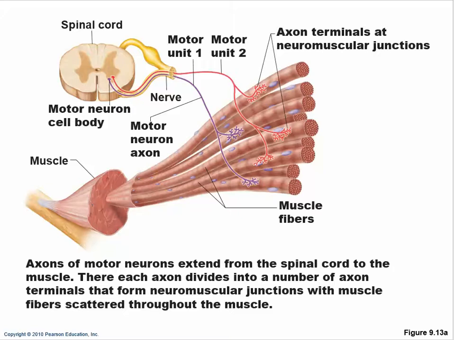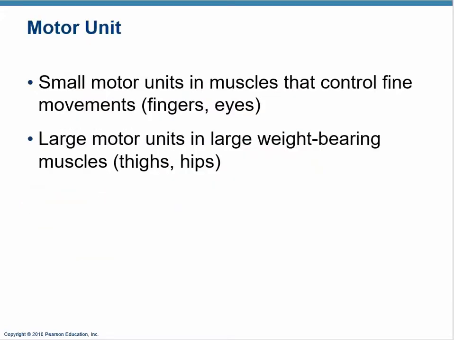Now, it's called a motor unit because all of those fibers fire and contract simultaneously because the trigger comes from the same place. You can't contract one separate from the others. So they work as a unit. There are small motor units for fine movement, and large motor units for strength, but not so fine motion. I talked about that previously.